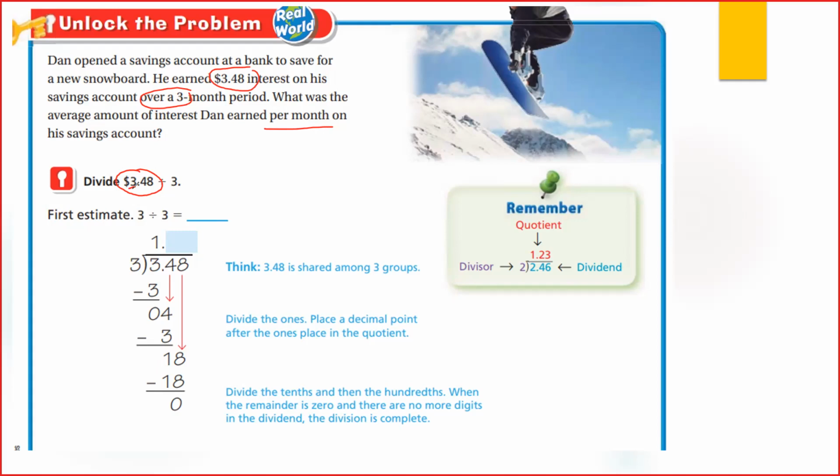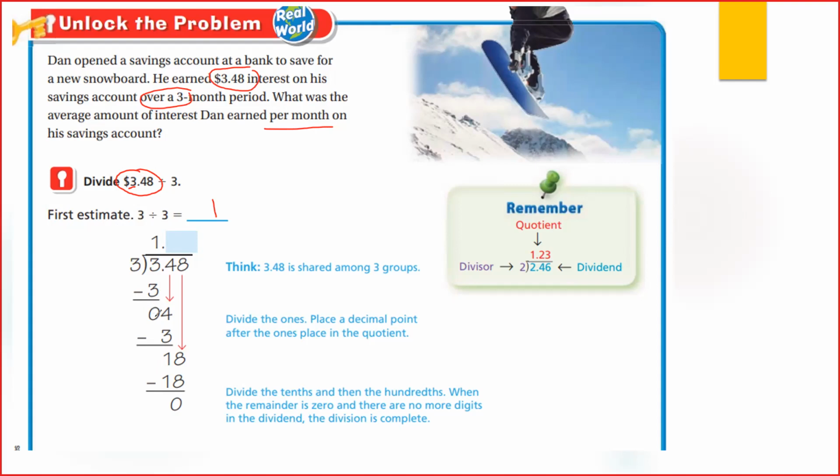No, so it is still 3. Then 3 divided by 3 is 1. This is the estimation. Why do I estimate? In order to help me know which number I shall start from. So start from number 1.